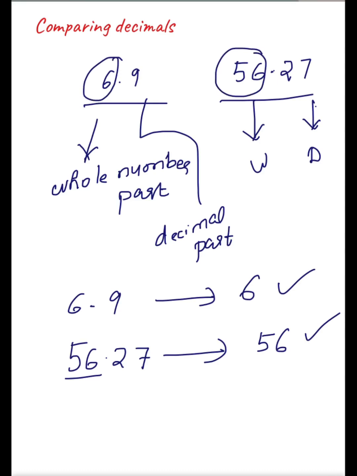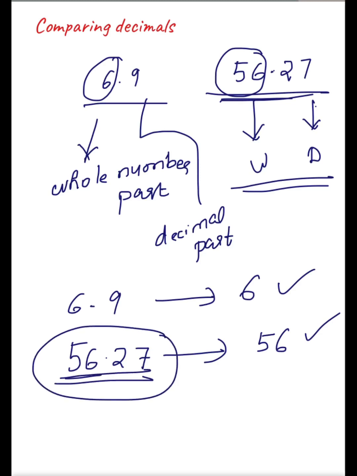Which is greatest? 56. So 56.27 will be the greatest among these two decimals. So you have to compare the whole number part first.